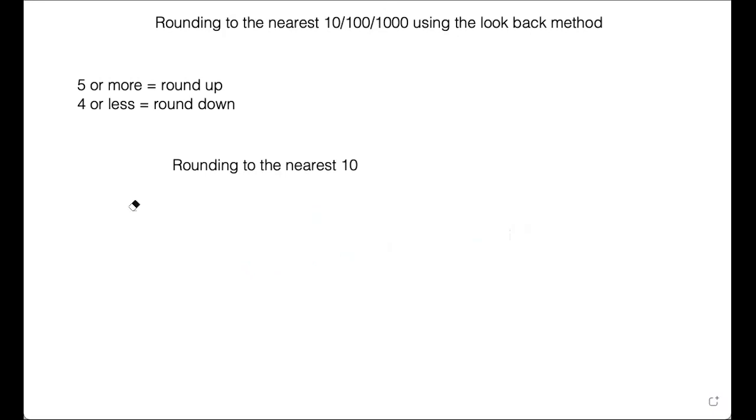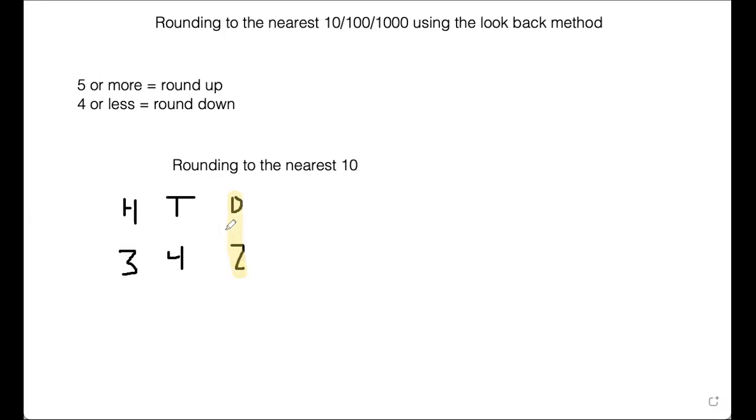Let's say, for example, don't forget first to draw on your place value grid. Let's say we want to round 342 to the nearest 10. Nearest 10, what you have to do is go to the tens, look back one, so we're here.